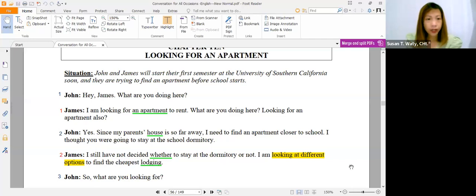For John's number 1, 2, and 3, I'll assign to Hadisha. And then I'll have Dian doing James number 1 and 2. Nani is doing John's 4, 5, 6.